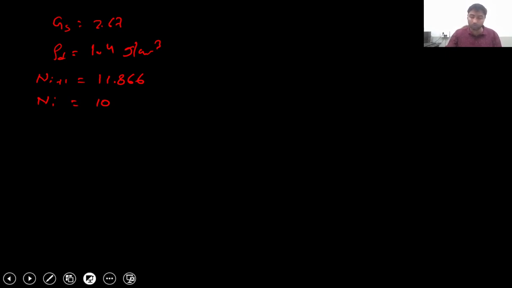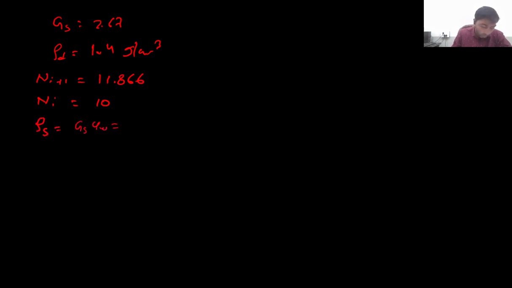The value of Ni plus 1 is 11.866 and the value of Ni is 10, for the first segment. Here we can determine rho s, which is Gs gamma w, equal to 2.67 into 1, 2.67 gram per centimeter cube.